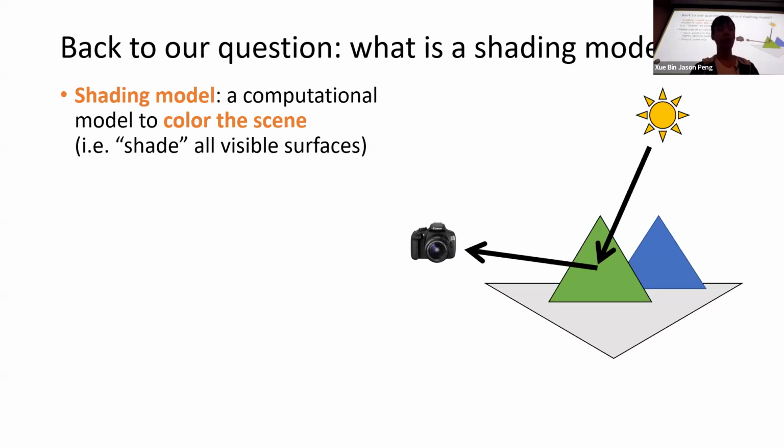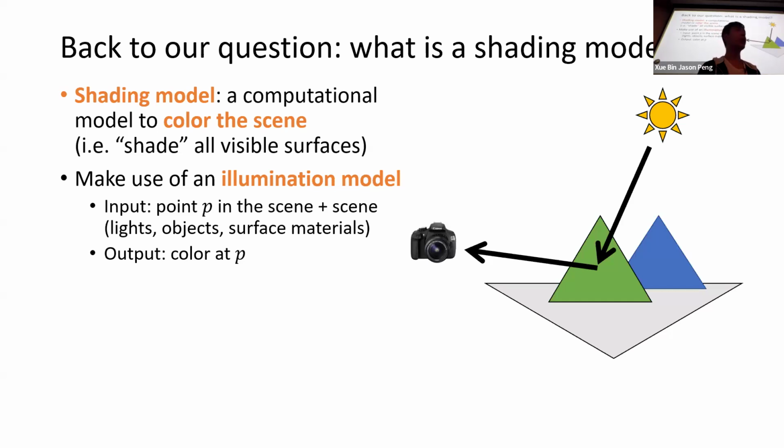And this calculation is often done with the use of an illumination model. The job of the illumination model is to simulate how light is going to interact with the surface of an object and what final color we should assign a particular point on that object.